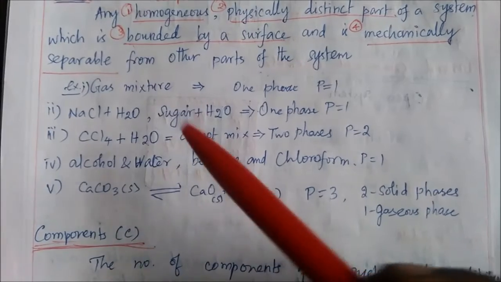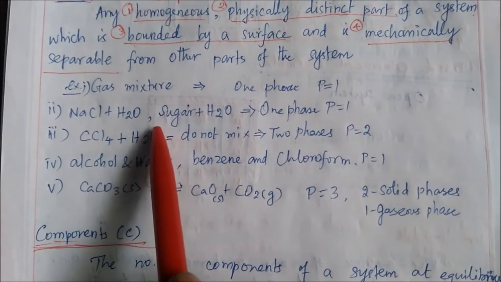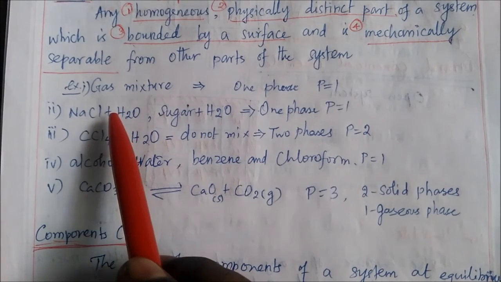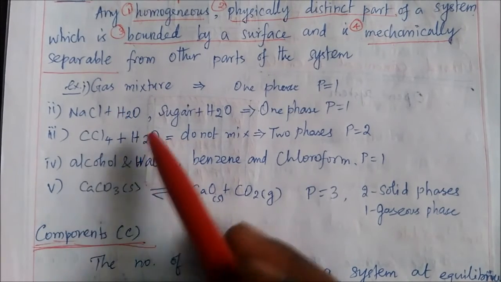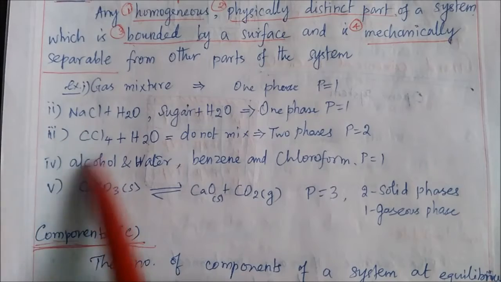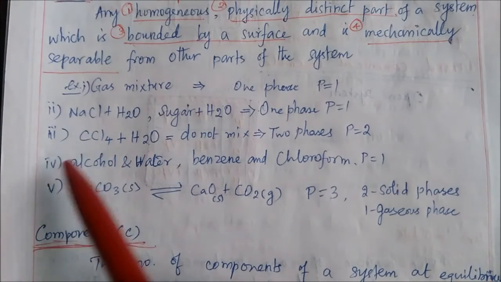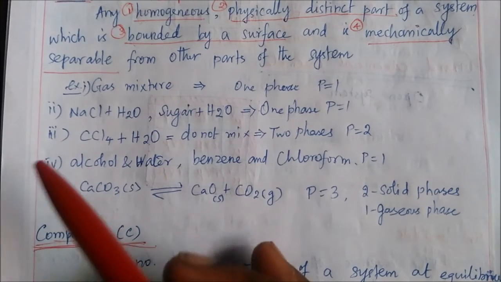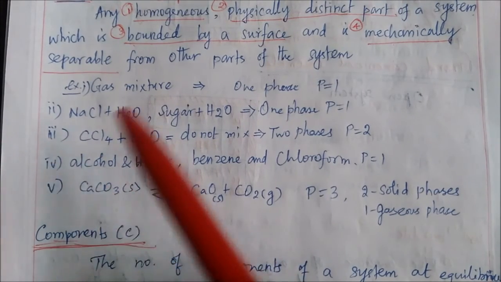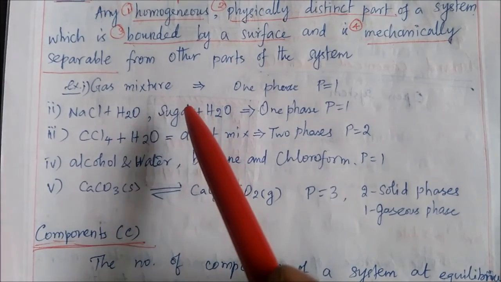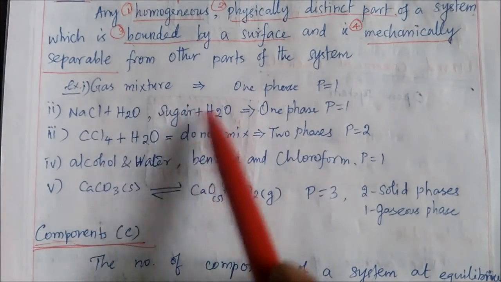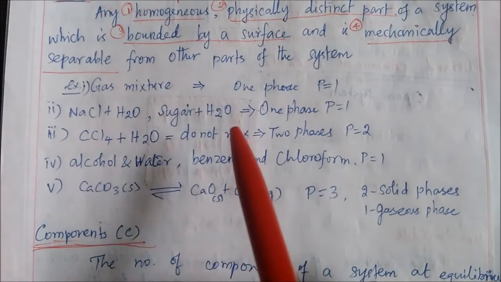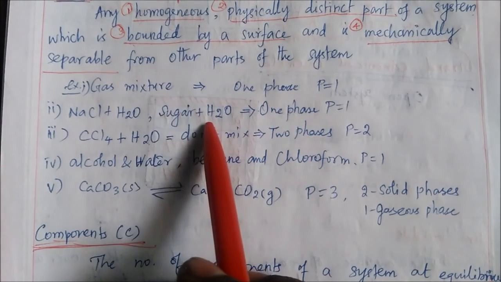And in the case of a second example, when we mix water with sugar, or when we mix sugar with water, we will get, after stirring, the NaCl or sugar dissolved into a clear solution. We will get a homogeneous mixture after dissolving sugar in water.